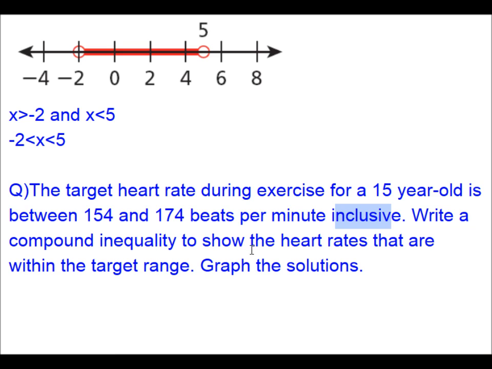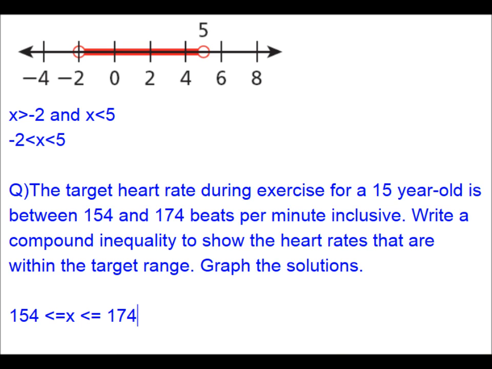Write a compound inequality to show the heart rates that are within the target range and graph the solution. So it says between, that means x is in between and less than or equal to. x is greater than or equal to 154 and x is less than or equal to 174.